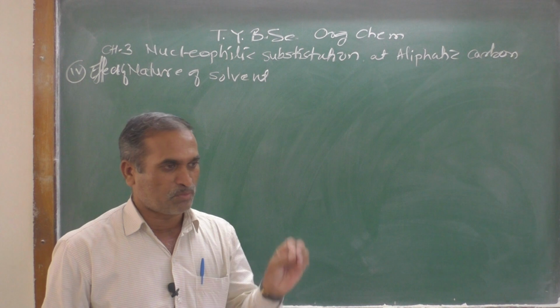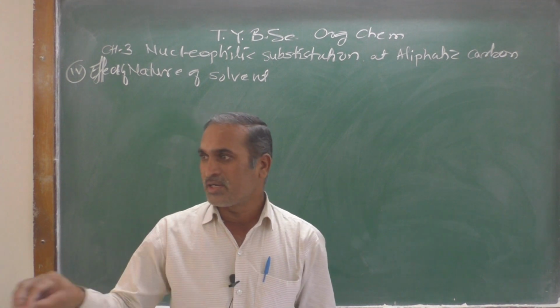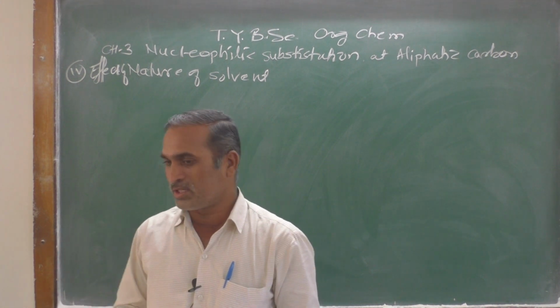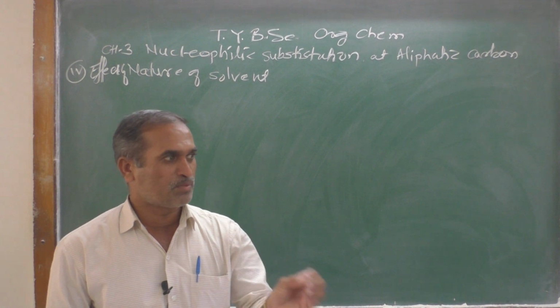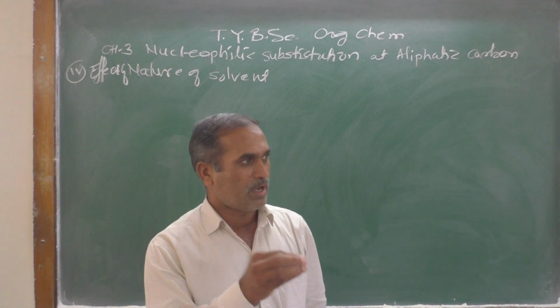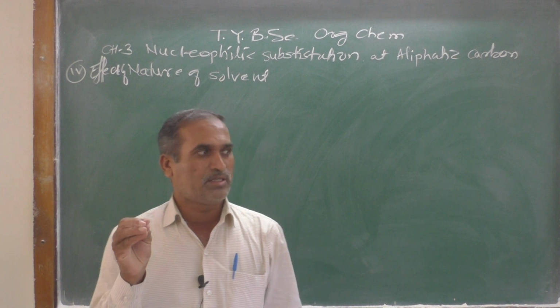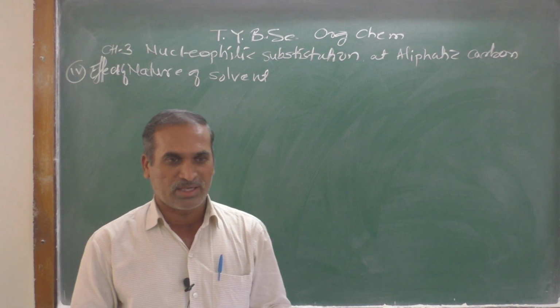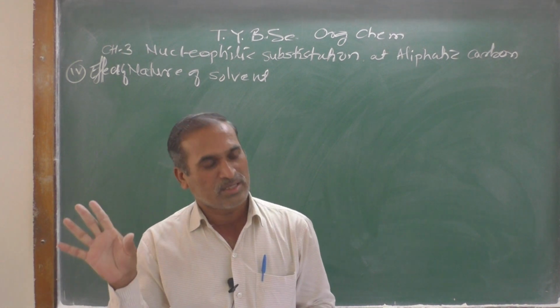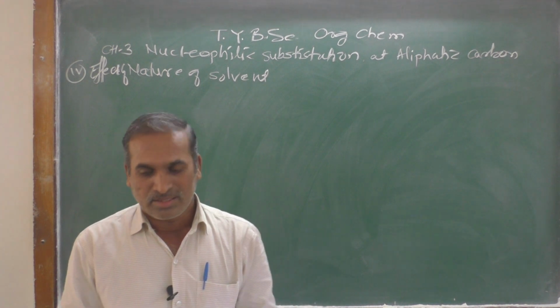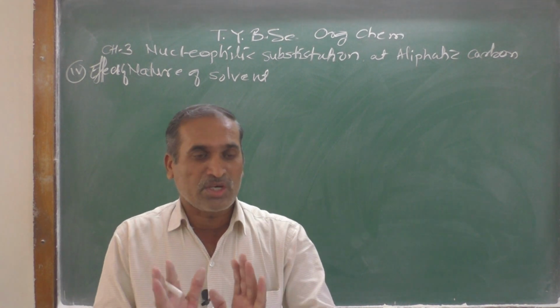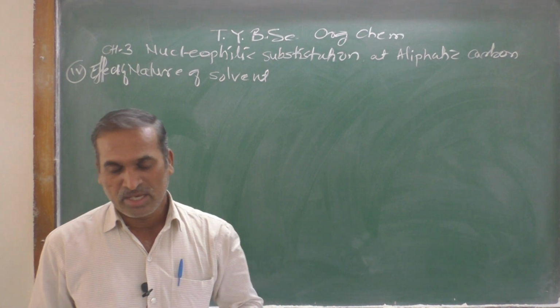One is called a polar solvent and the second is called a non-polar solvent. Among these, in polar there is again the protic polar solvent and the aprotic polar solvent. These are some of the natures of solvent.